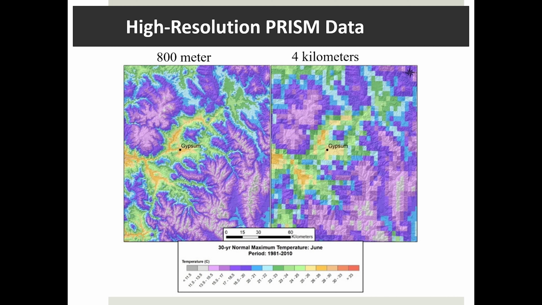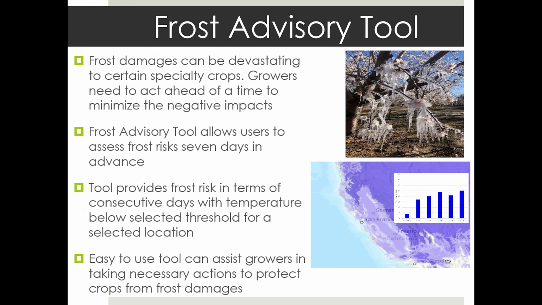When we think about weather station, we have weather station network across the state, but if you want information for your farm or location where weather station is not available, this information is going to be pretty handy. And so that's our hope. Okay, so I'll really go quickly, but feel free to ask any questions if you have about any of these tools.